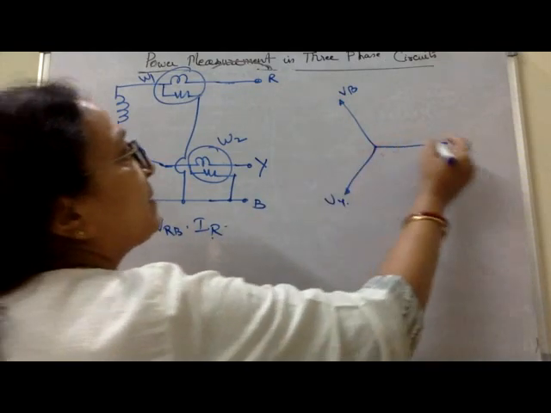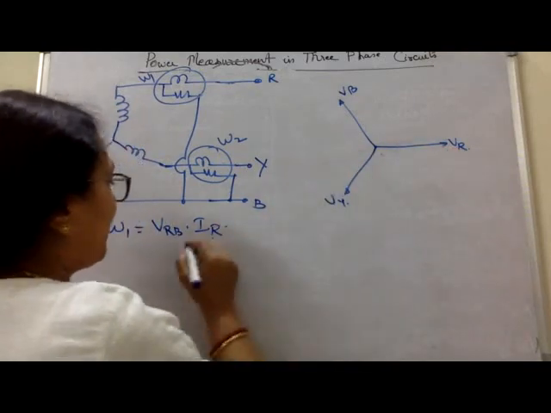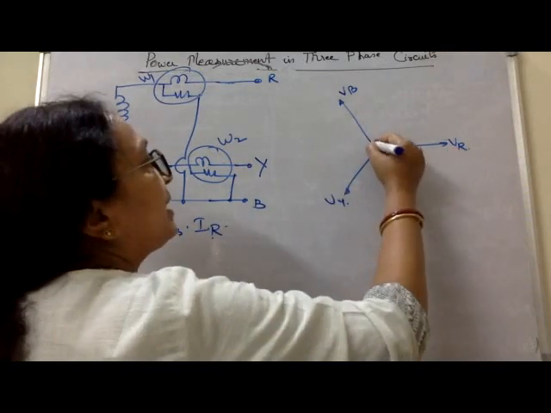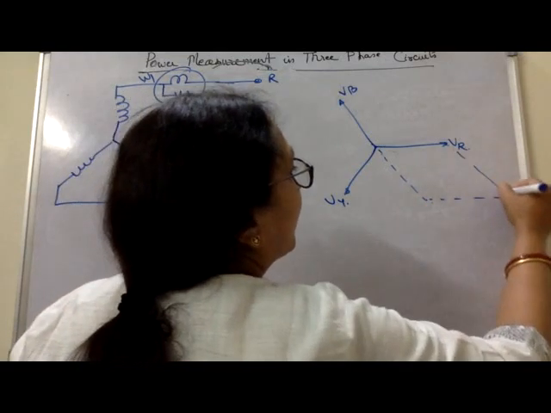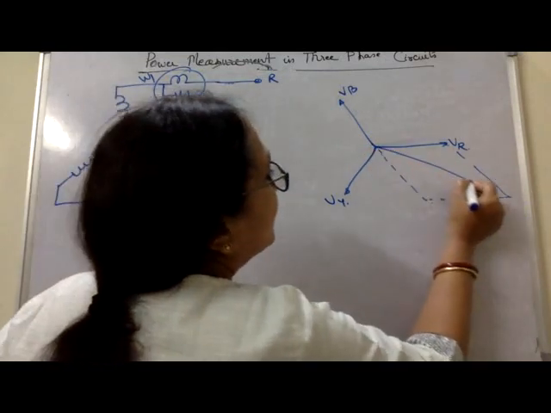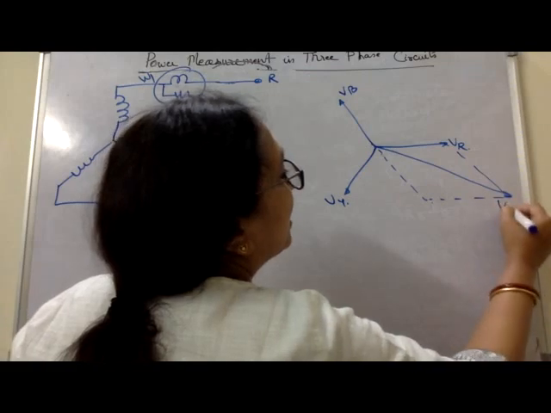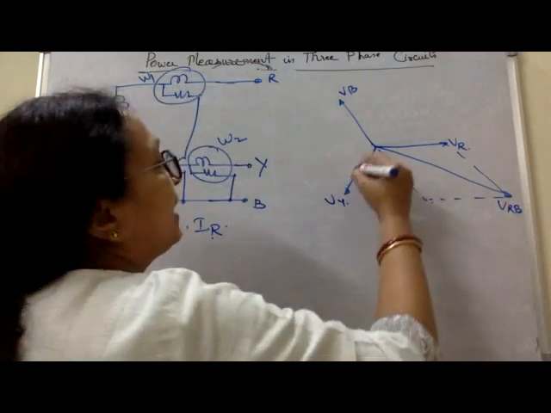VRB means VR minus VB, so this is our voltage VRB.